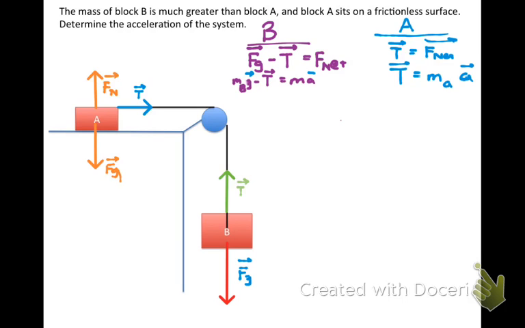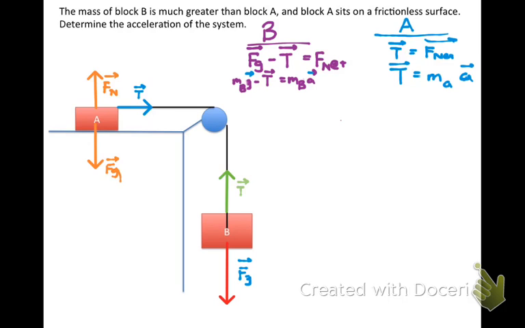And over here, this is going to be MB as well. Alright, so now we have two equations. What they share is the same acceleration, and they share the same tension. So we have two equations with two unknowns, and hopefully this looks somewhat familiar.